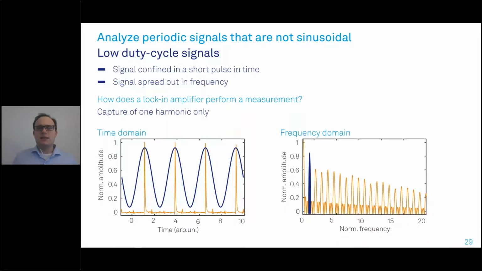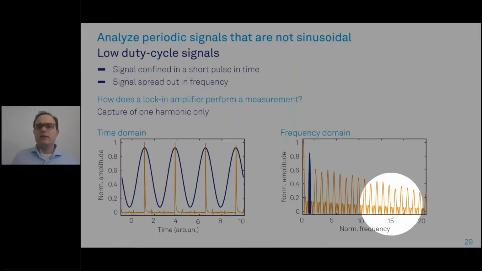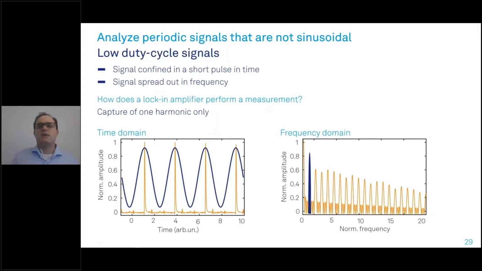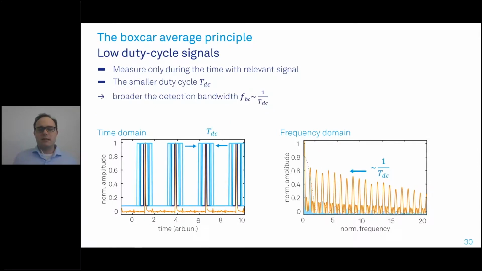And you see the signal is confined in a super short amount of time, and therefore, it spreads out in frequency over the entire detection bandwidth. Now, what a lock-in amplifier does, it captures precisely one harmonic. And this is where we can immediately see there is more information which we can gain. And this is what the boxcar averager precisely does.